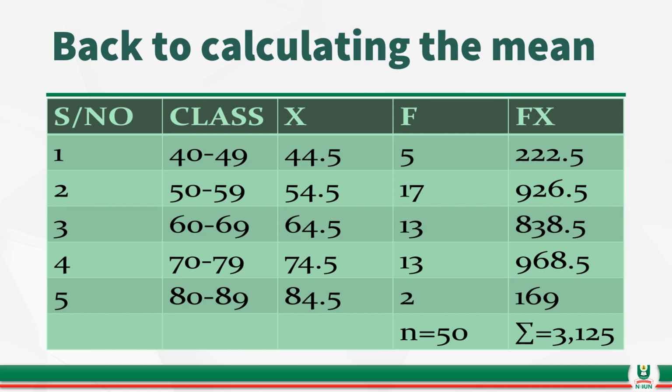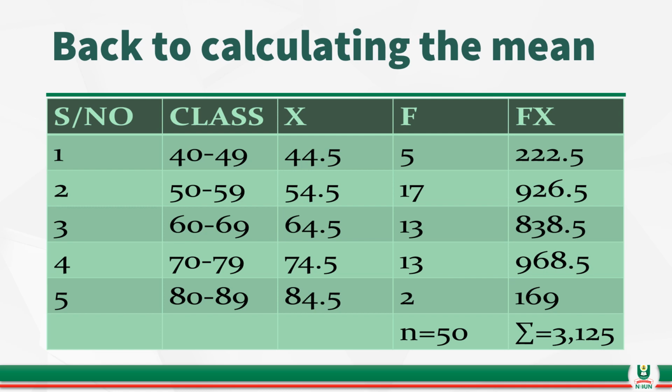So you add the lower class and the upper class and divide by 2. That's the average, and that will give you the class center, which is x. So you have 50 plus 59 divided by 2 will give you 54.5, and down to 80 plus 89 divided by 2 will give you 84.5. Of course the frequency still remains the same, 5, 17, 13, 13, 2, and the total number of frequencies is 50.